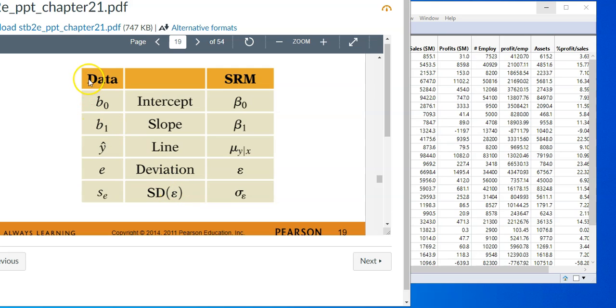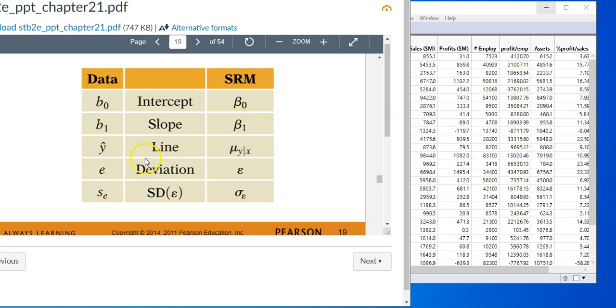Remember, for the data, this is just notation, okay? For data, intercept is represented by B0. In the simple regression model it is represented by beta 0. Slope is represented by B1. In the regression model, we represent it by beta 1.